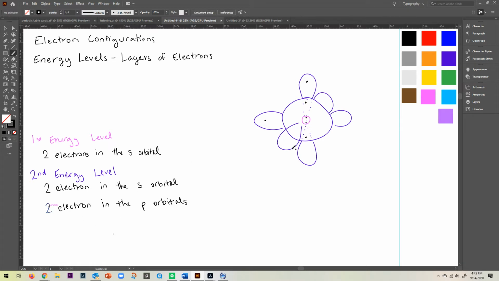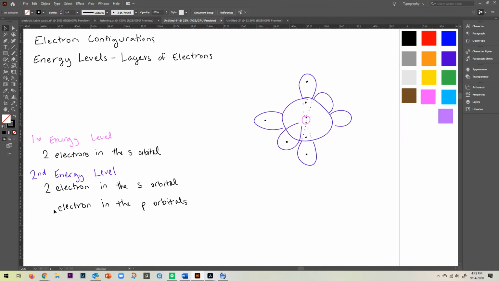If I wanted to add a 7th electron, I would put it in the other p orbital right there, right? So now I have 3 electrons in the p orbitals. If I wanted to add an 8th electron, I would have 4 electrons in the p orbitals. Now I've filled up this p orbital, right? I can't add any more there, but don't worry, there's still space.